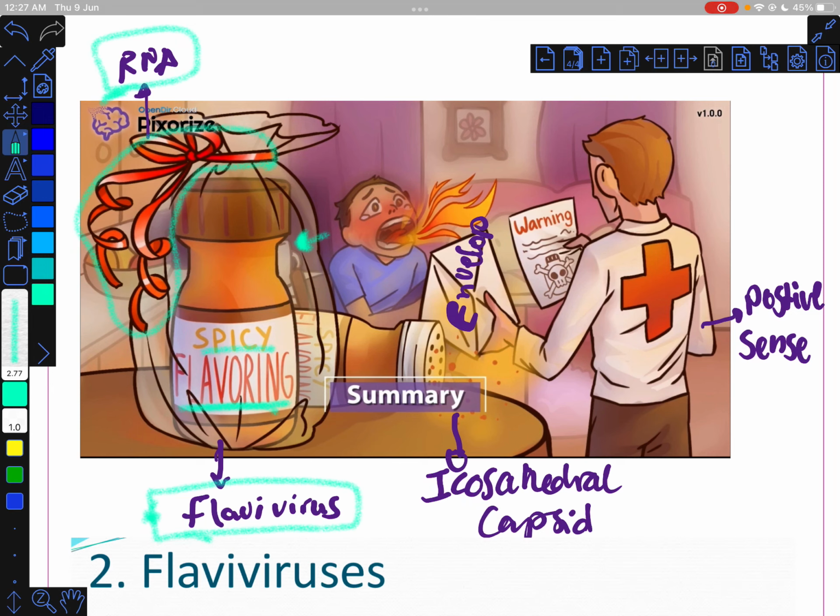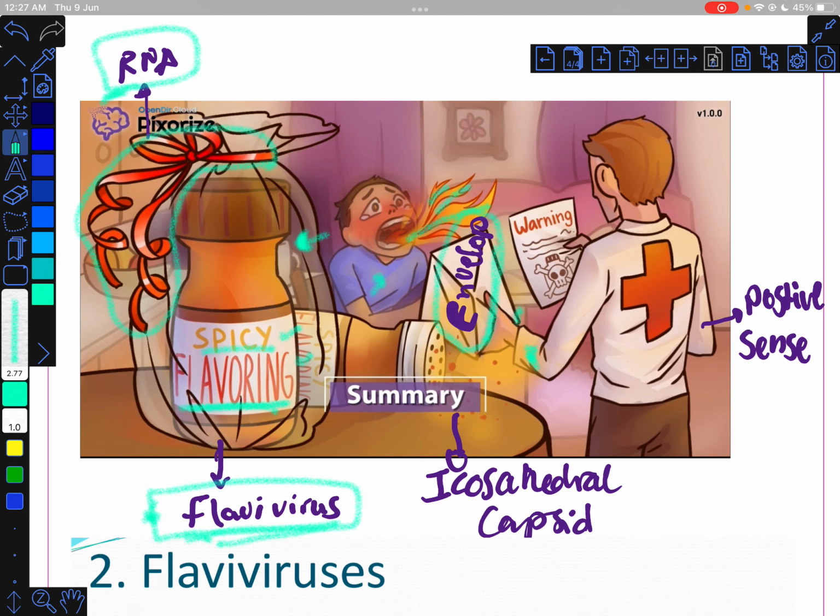Another mnemonic for the envelope: look at this person from the medical team, because this guy has had a lot of spicy flavor and he has a hot mouth like this. So the medical team comes to help him, and in his hand is an envelope. So it also represents that the Flavivirus is an enveloped virus.